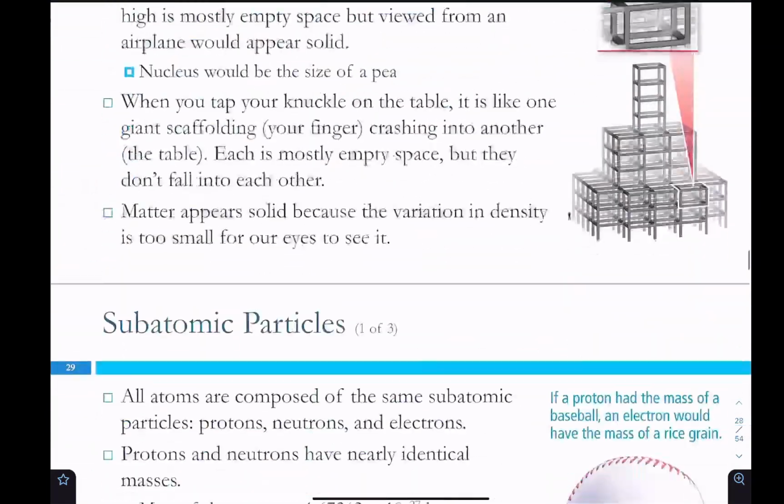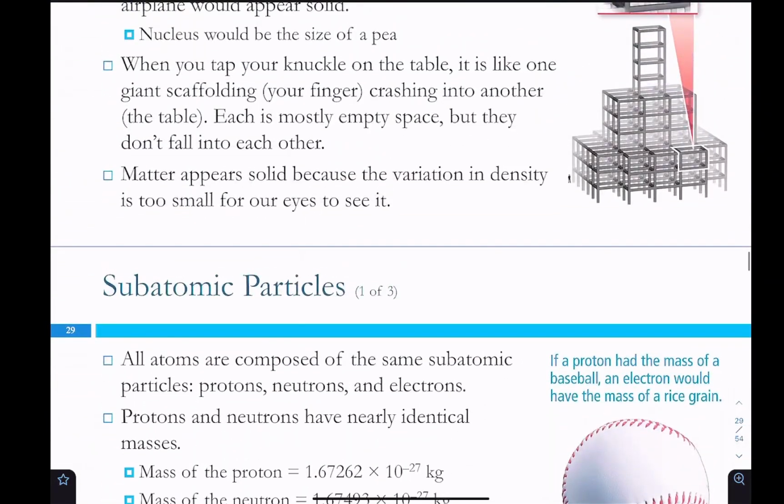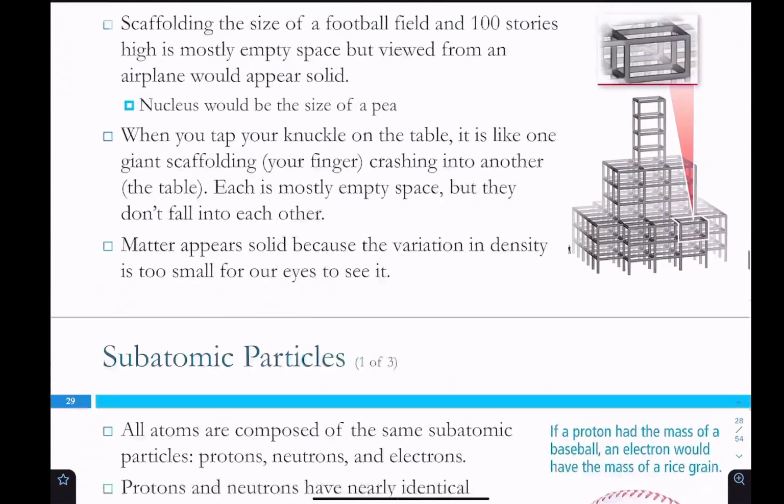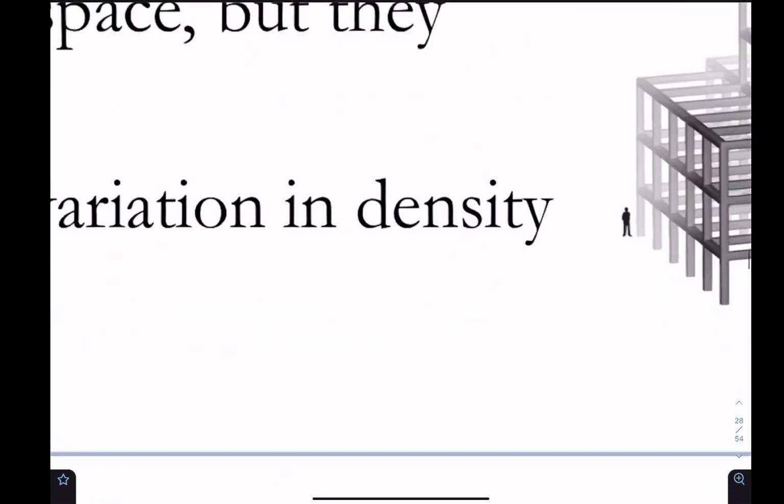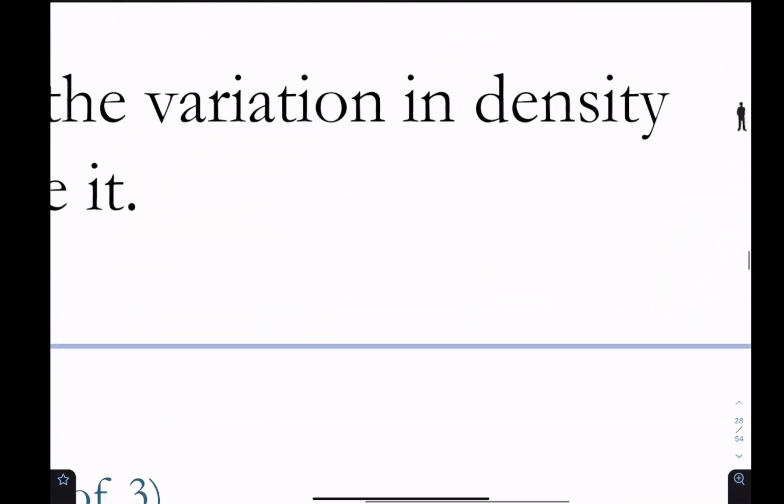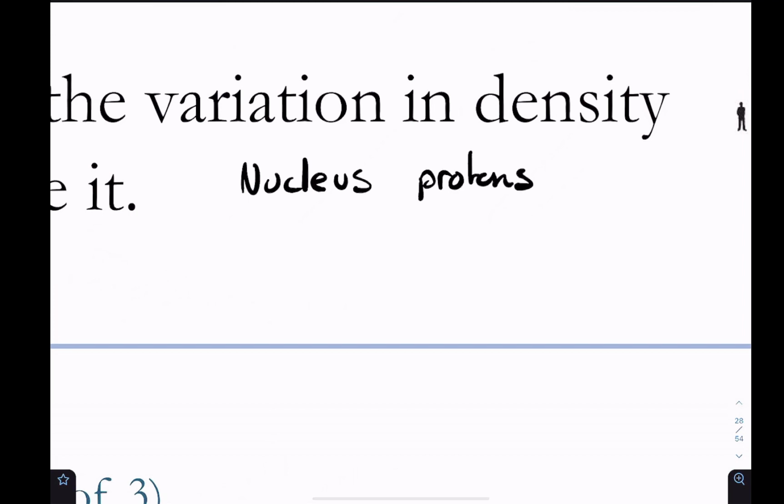So I wanted to summarize so far the structure of the atom. I'm just going to do it in here. The structure of the atom so far, as we've got it: we have a nucleus, and that's made of protons, which have a positive charge, and neutrons, which are neutral.